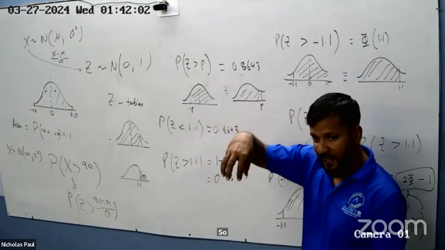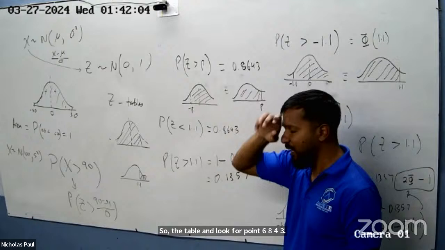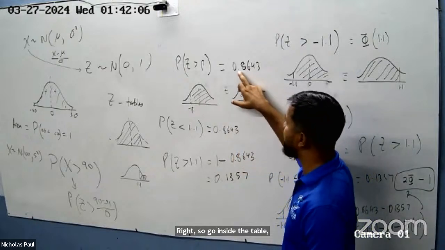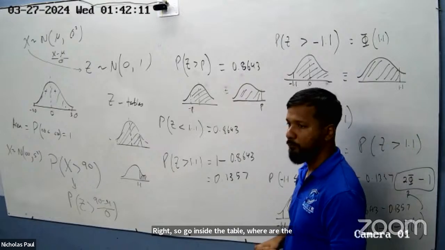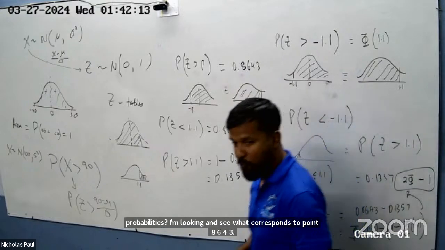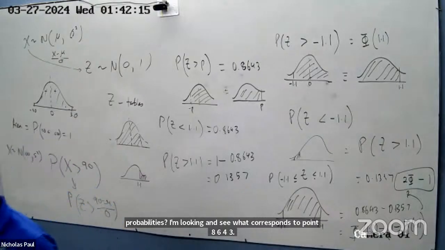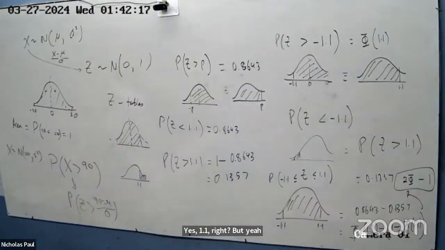So go inside the table where you have the probabilities and see what corresponds to 0.8643. Yes, 1.1. But the answer is negative 1.1, because remember, you can't read a negative off the table, so you put the negative on.